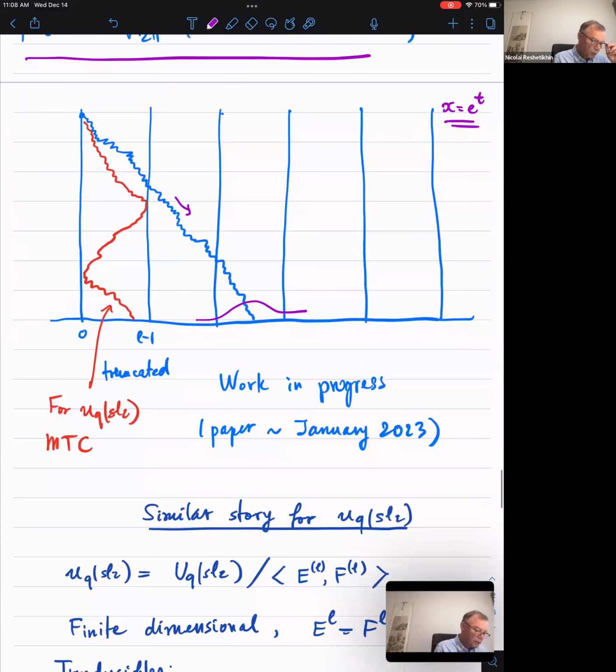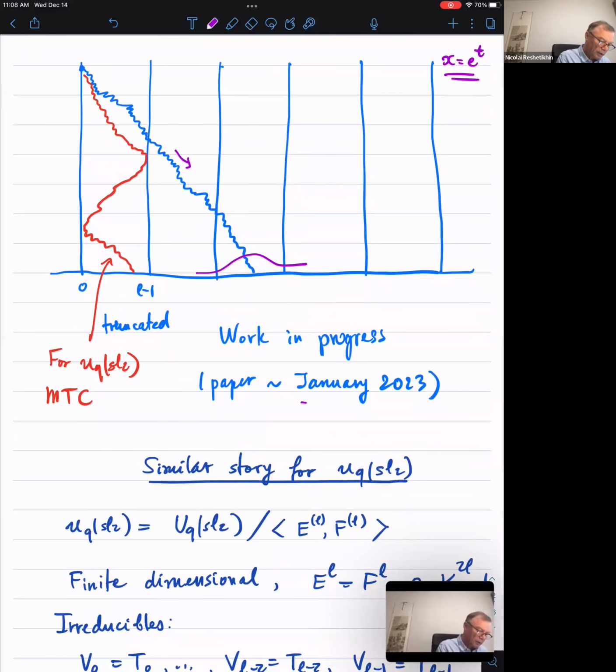This is still work in progress, and the paper should appear. Basically the work now is to write it down, and most of it is written, but I think it will only be finished in 2023. So this work is about UQ-SL2, the large quantum group, the big quantum group.